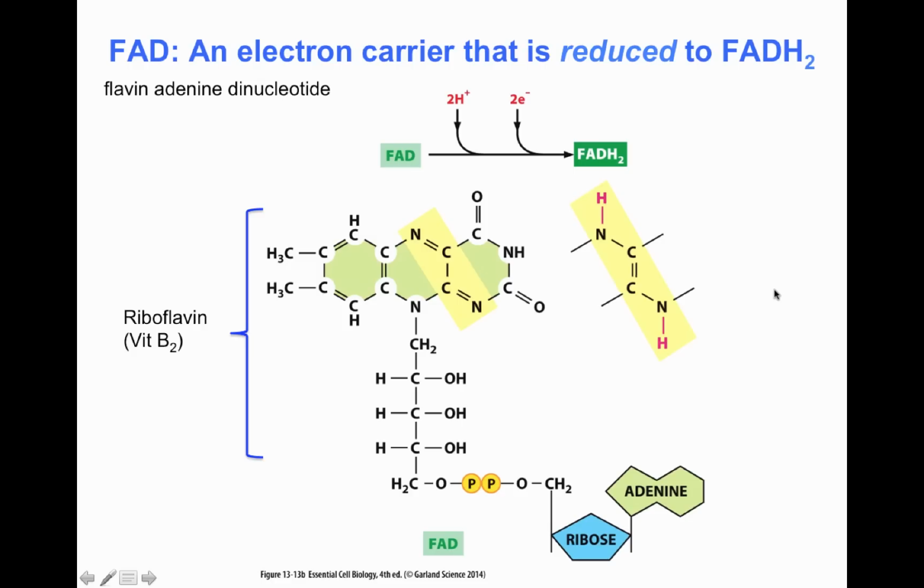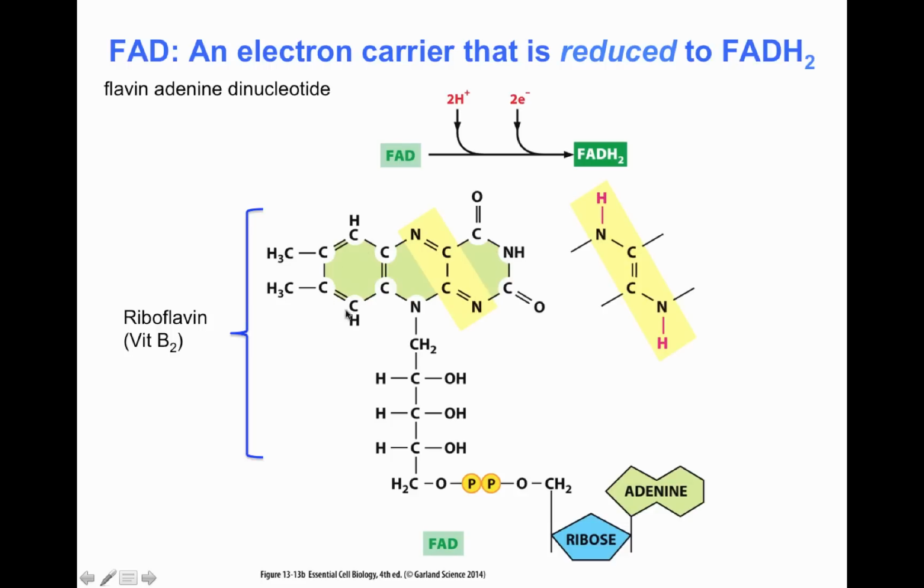Now, one of these electron energy carriers is going to be FAD, flavin adenine dinucleotide. So FAD is an electron carrier that is going to be reduced to FADH2. FAD is a molecule containing a nucleotide, adenine diphosphate, and a component which is riboflavin, which is vitamin B2.